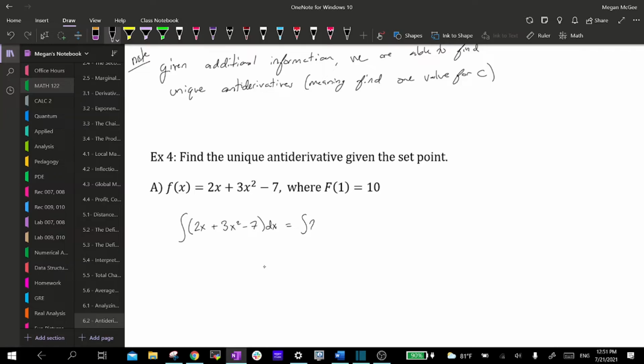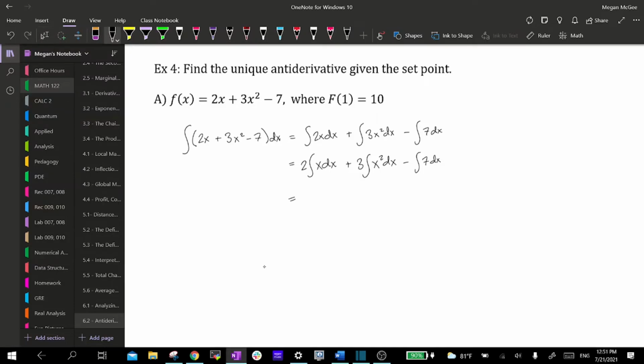So we have the integral of 2x dx plus the integral of 3x squared dx minus the integral of 7 dx. Using our constant multiple rules, we'll have 2 times the integral of x dx plus 3 times the integral of x squared dx minus the integral of 7 dx.